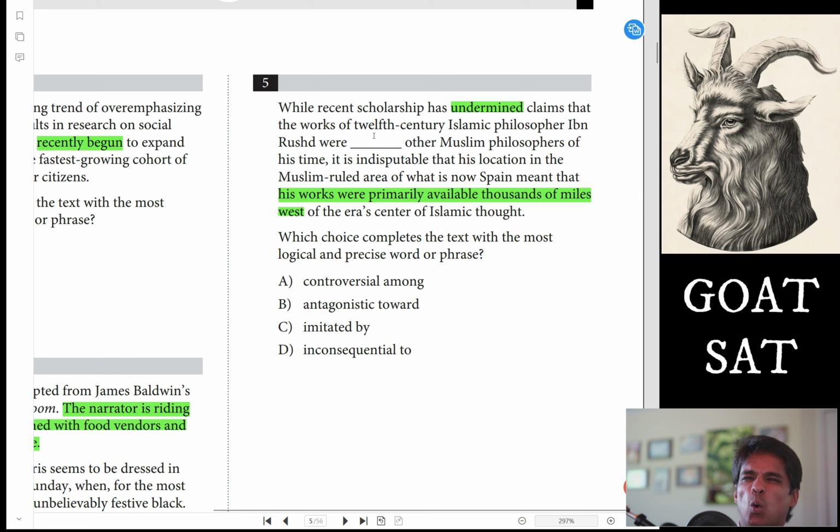So which one of these is best fitting unimportant? Because remember, there's an undermine here, so that indicates even though this appears different than what's down here, the blank actually conveys a similar idea to what's down here. And that's going to end up being inconsequential.